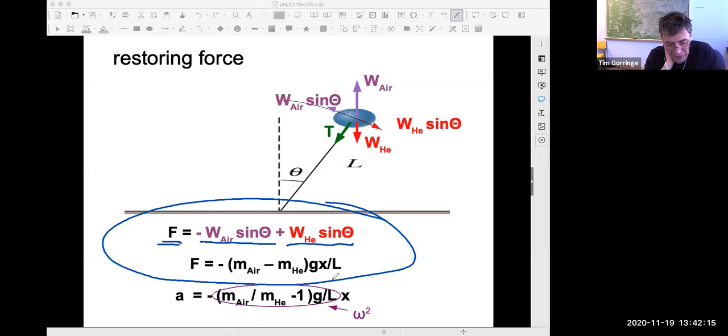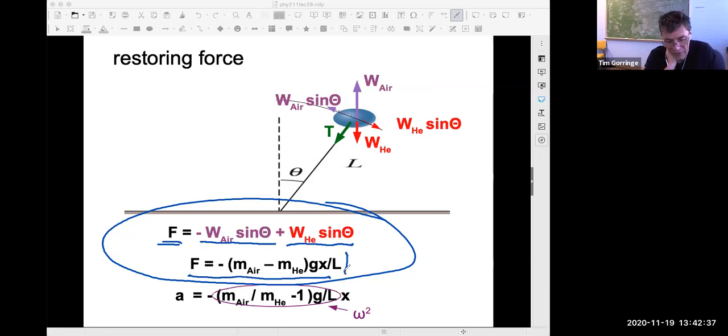And if I fill in the weights in terms of the masses, so use mg, and if I use that small angle approximation again, remember back when we were first discussing the pendulum, that sine theta is approximately x over L, then I get this equation here.